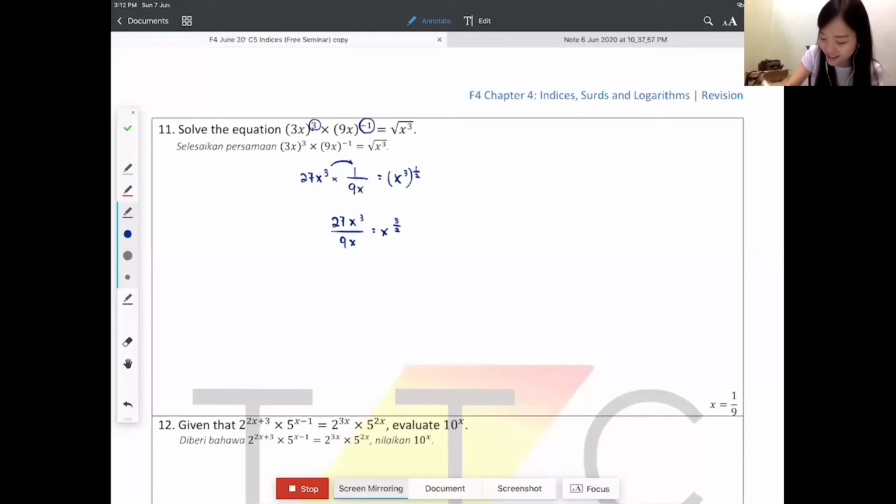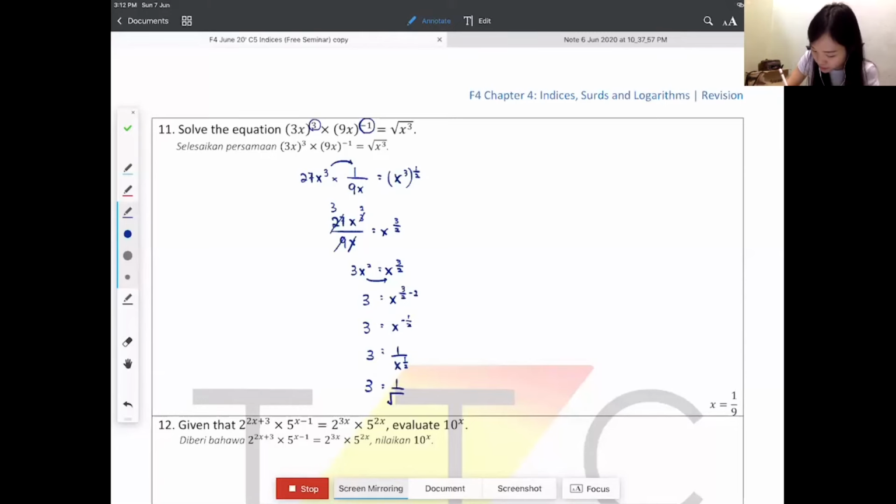Then you can cut: 3 and 1 cut 2, 27 and 9 cut 3. 3x squared equals x power 3/2. The x and x can combine. Times, move there, divide. Divide is minus. So I get negative 1/2. Don't like negative, bring it down. Remember? Bring it down, power 1/2 can be what? Square root. Very good, Puva. Until here, then just continue doing it.